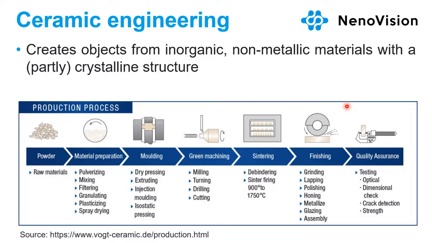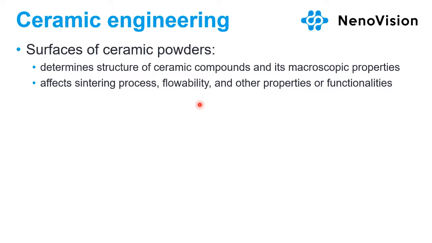And in order to get the whole ceramic compound, we need to start from the powder, prepare the material, and understand the surface properties. Surface roughness could help us to understand the structure of the ceramic compound.